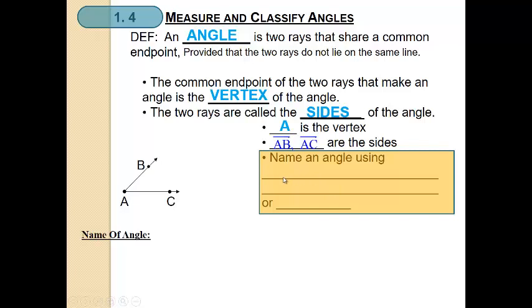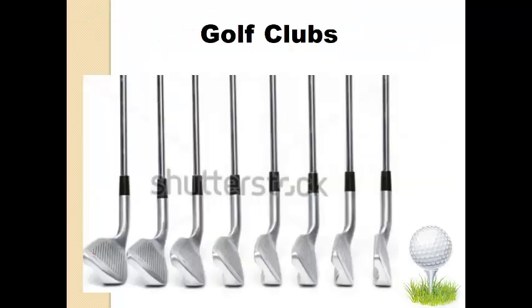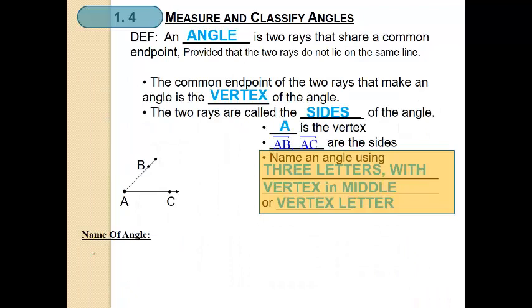You're going to name an angle. Remember, you name segments a certain way, you name lines a certain way, you name points and planes a certain way. Angles, and this is key, you're going to use 3 letters with the vertex in the middle, or the vertex letter, depending on if the angle is only part of one angle, and we'll talk about that in a second. So the names of this angle could be threefold, actually.